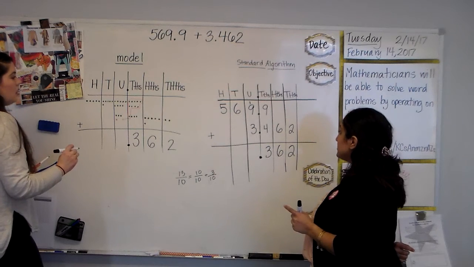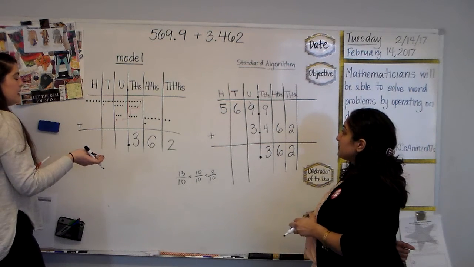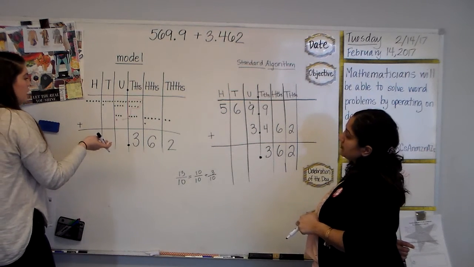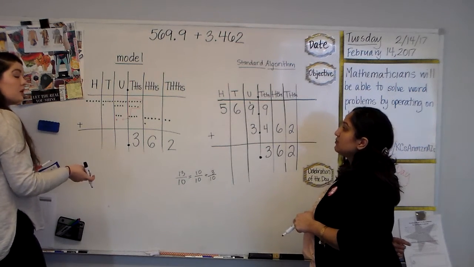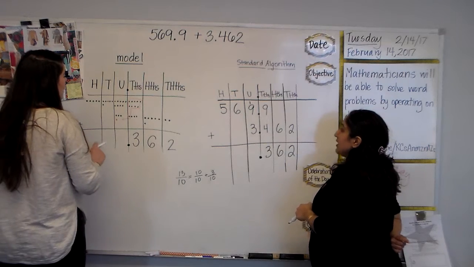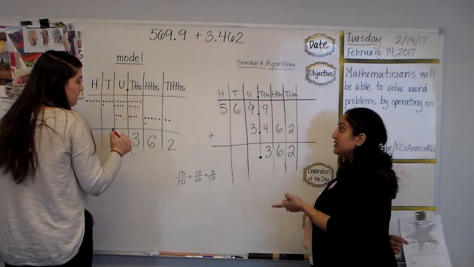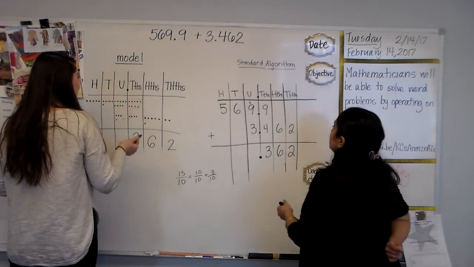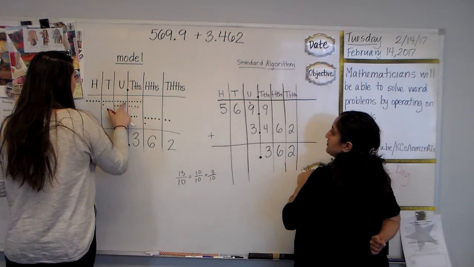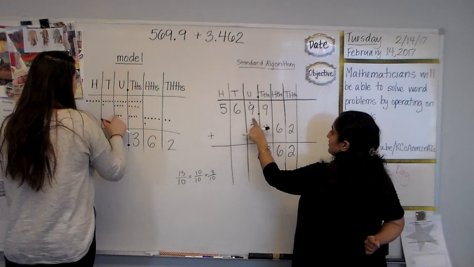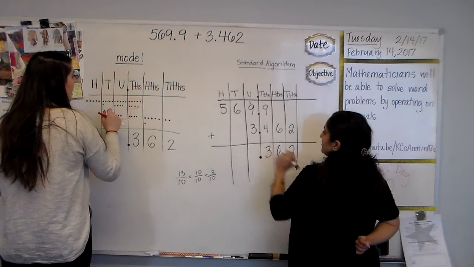That does not change. I'm noticing that in our units place, we also are going to be left over with more than 10 units. We're going to have to regroup again. And I think that makes sense because 10 units makes 1 ten. Oh yeah. 1, 2, 3, 4, 5, 6, 7, 8, 9, 10 units. Great.